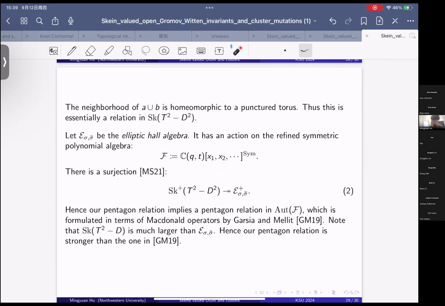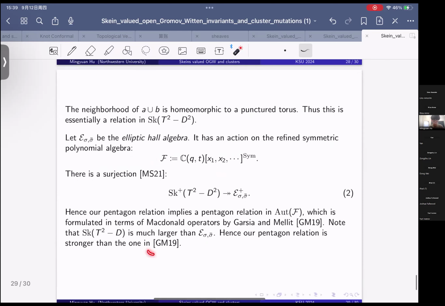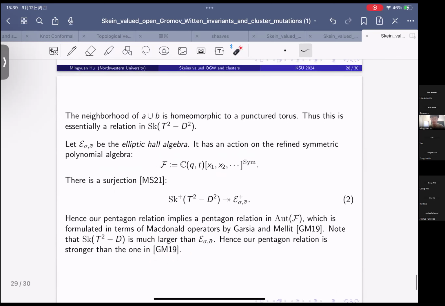So this reproves the result by Garsia and Mellit. That's I think all I have to say.